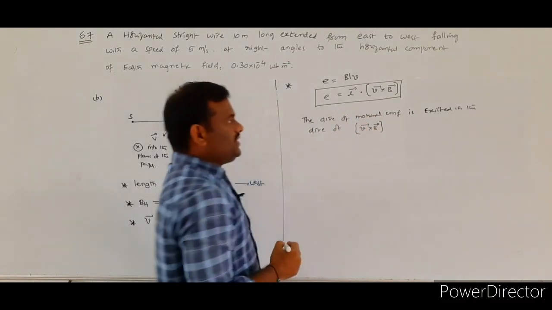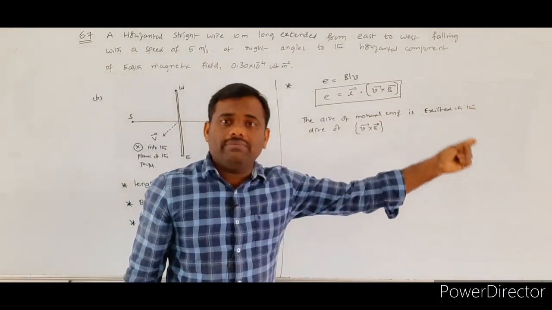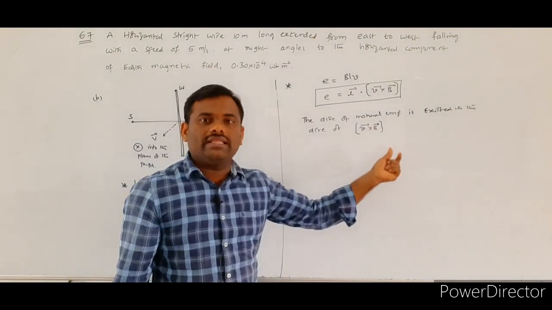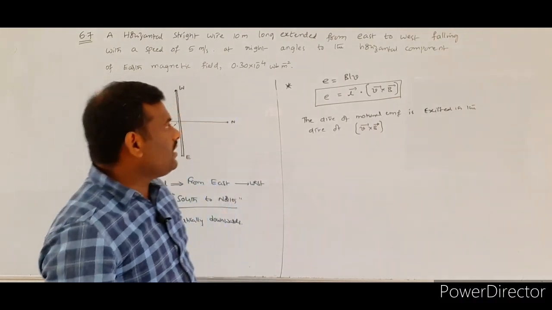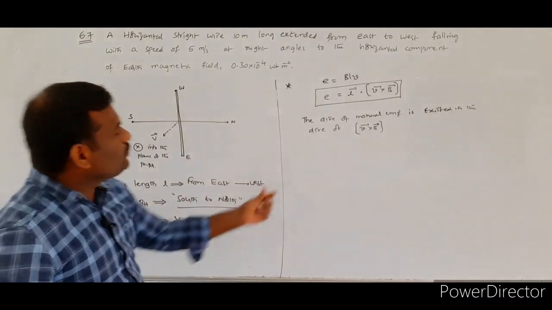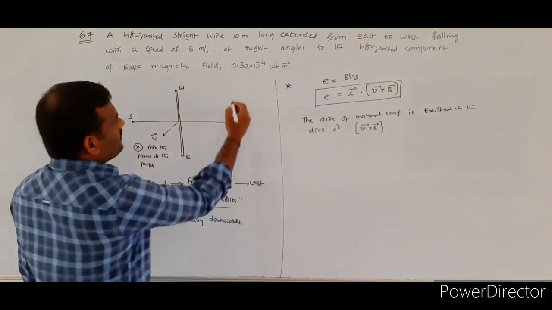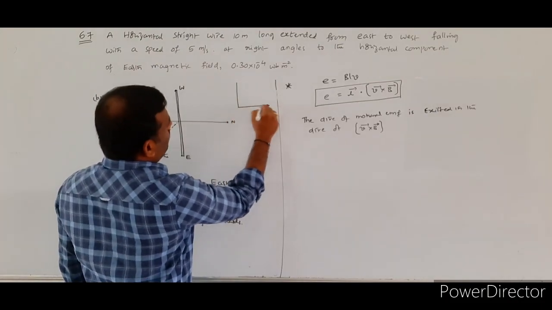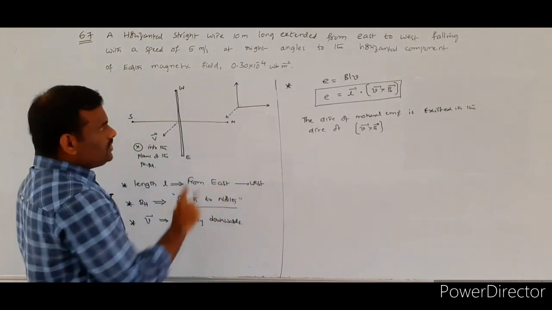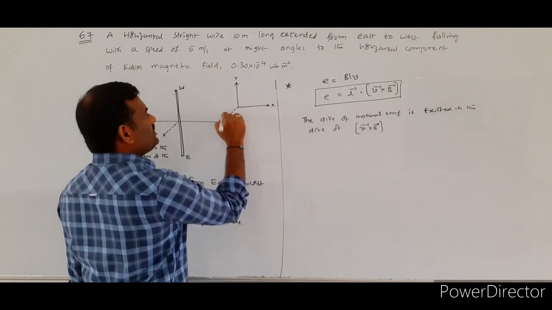So the direction of the induced EMF is in the direction of V bar cross B bar. To find the direction of V bar cross B bar, I am assuming a three-dimensional plane, with the x-axis, y-axis and z-axis.